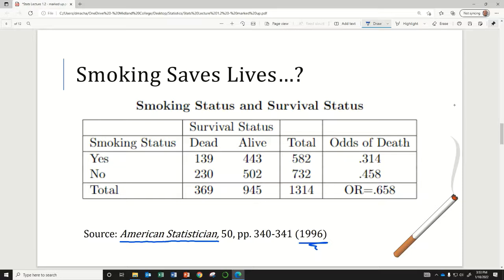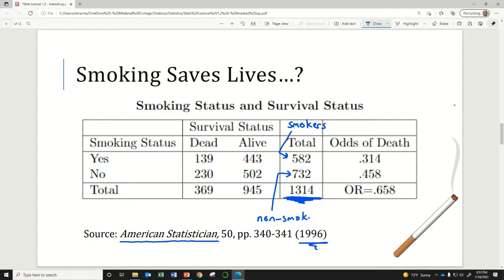What this is showing is the result of a study in which they tracked a number of smokers. So they actually looked after like 1,314 people. Sorry, I guess they weren't all smokers. I guess 582 of these people were smokers, and then 732 were non-smokers.